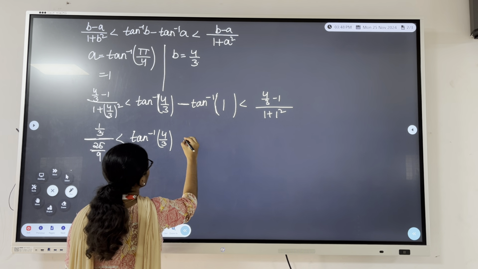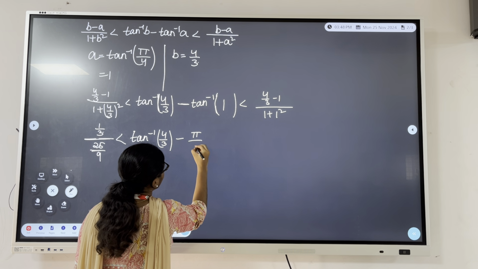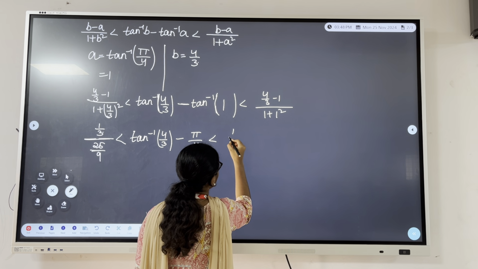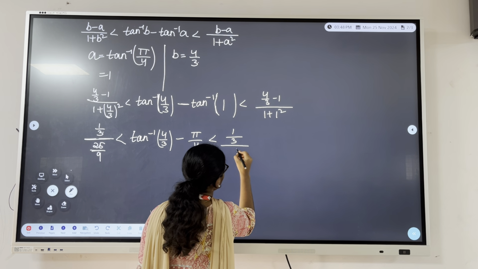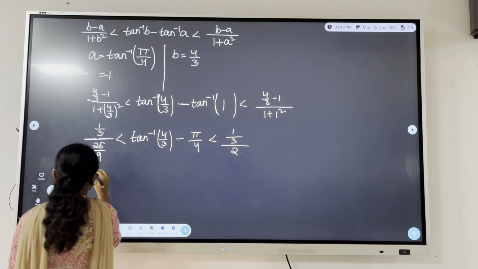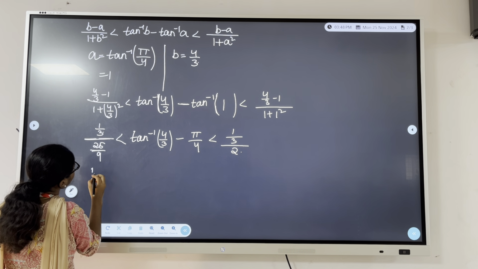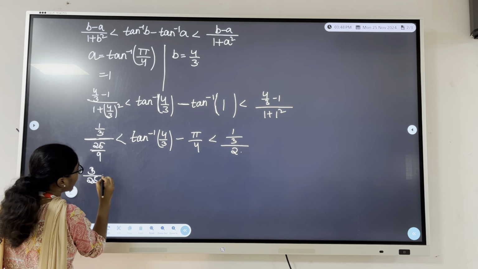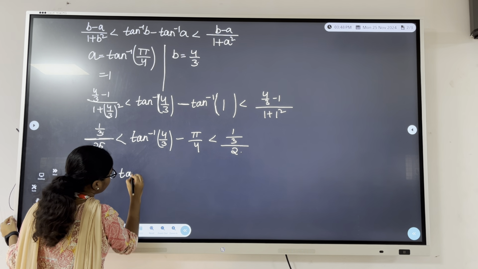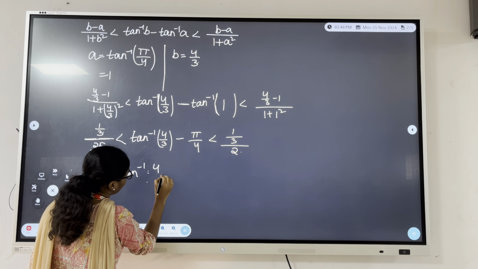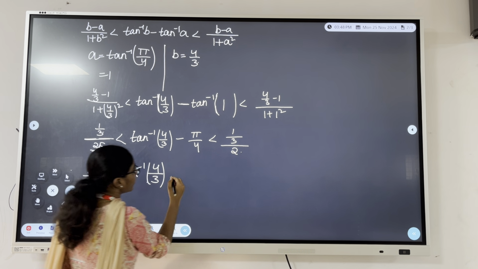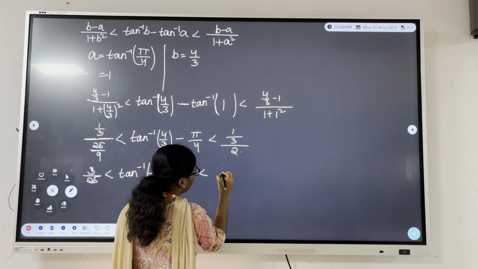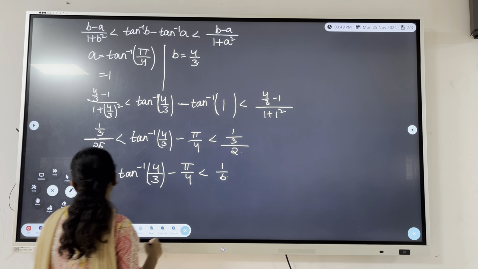So we get 5 by 4, this 1 by 3 whole divided by 2. By solving this, we get 3 by 25 less than tan inverse of 4 by 3 minus pi by 4, less than 1 by 6.